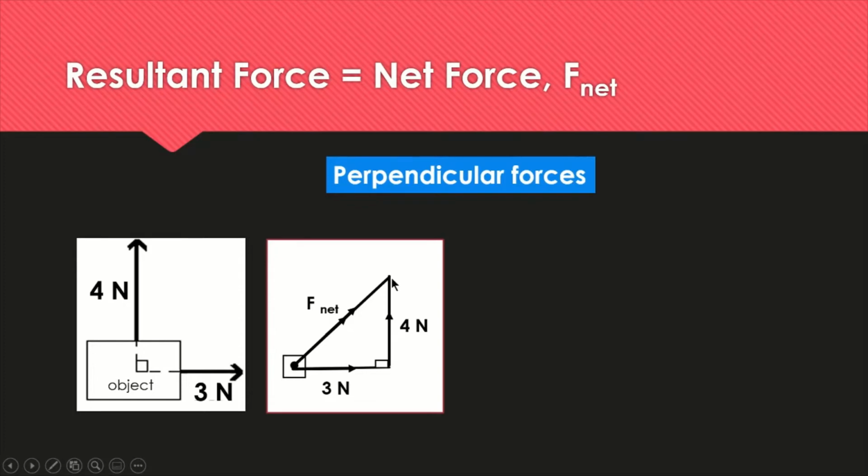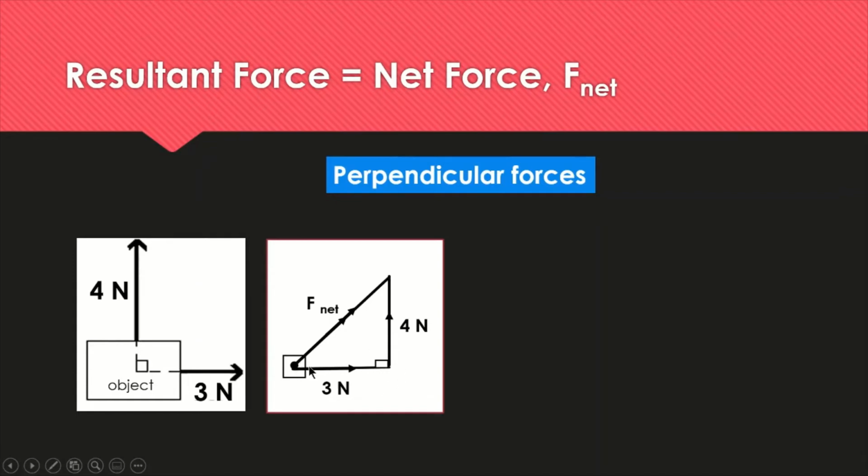Because force is a vector quantity, and the 3 Newton force and the 4 Newton force are not of the same direction, they are different directions but perpendicular to one another, we cannot just add up the magnitudes of 3 and 4. We cannot say that the net force is 3 plus 4, 7 Newton, because they are not in the same direction.